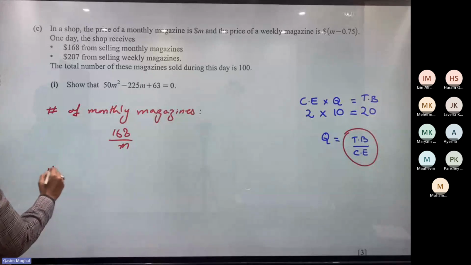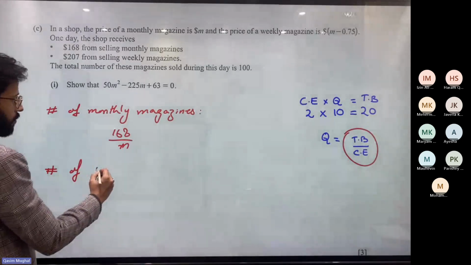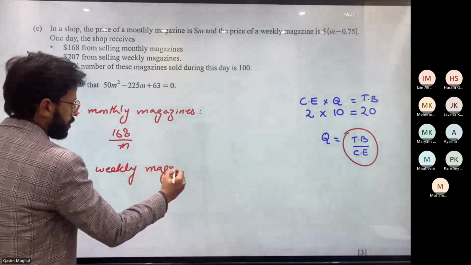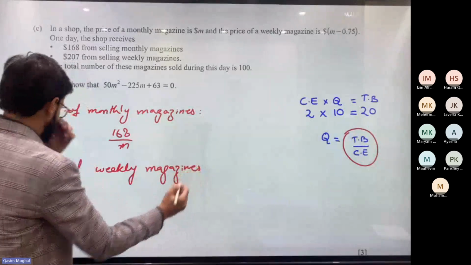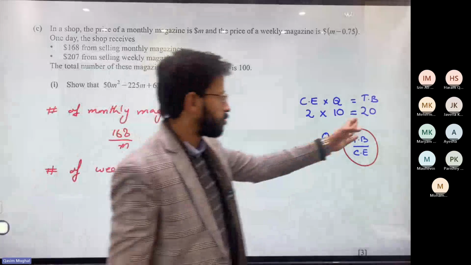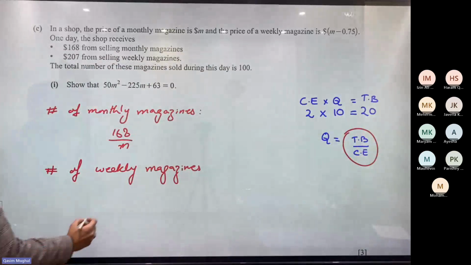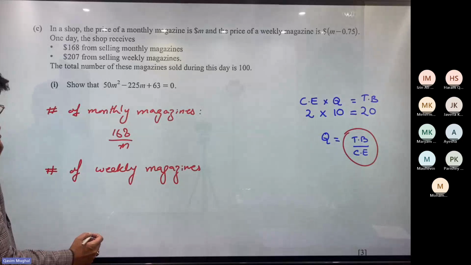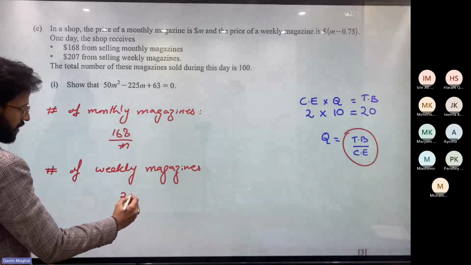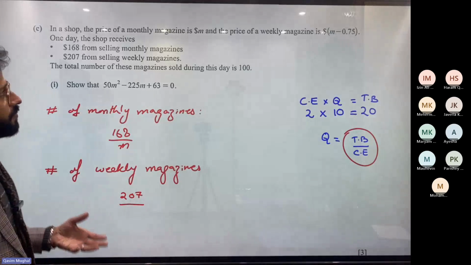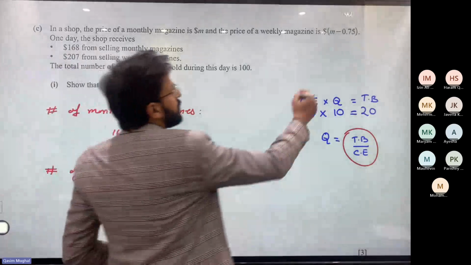Exactly the same way, number of weekly magazines. Again, the total bill over the cost of each. What is the total bill here for the weekly magazine? 207 over what is the cost of each weekly magazine?